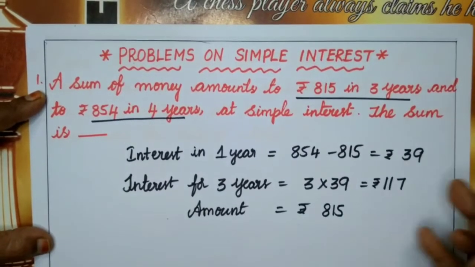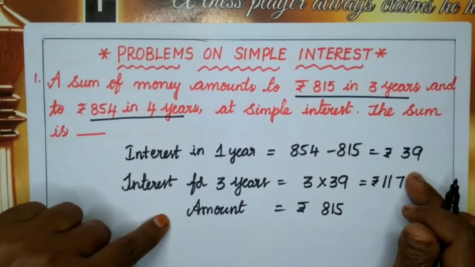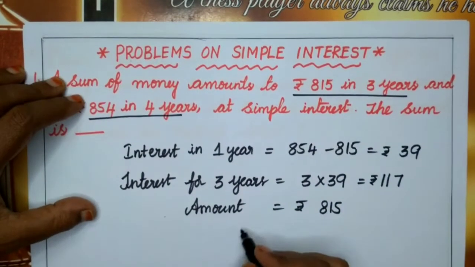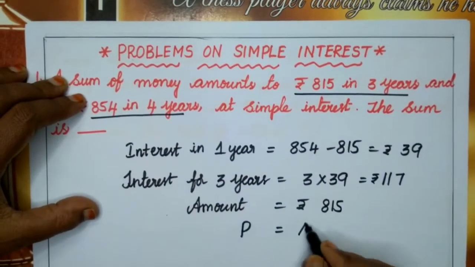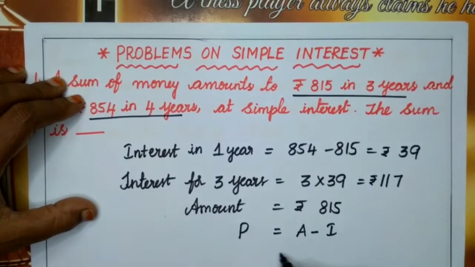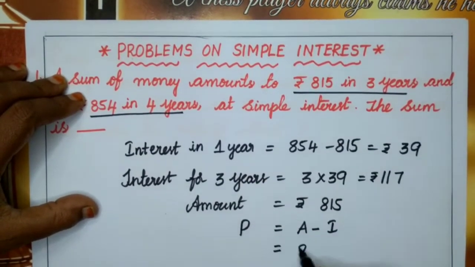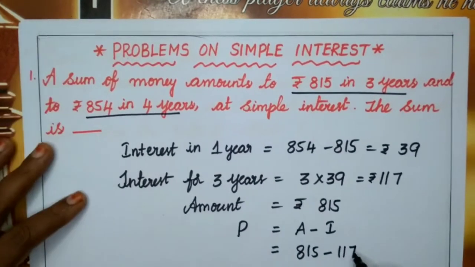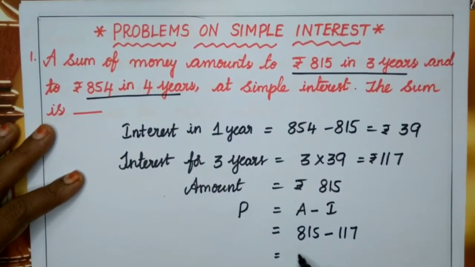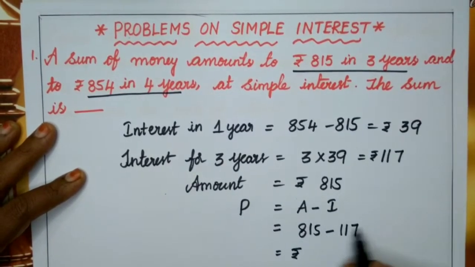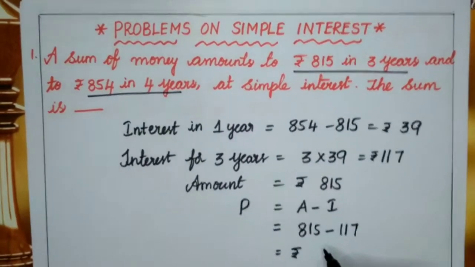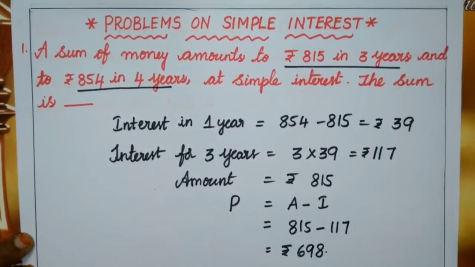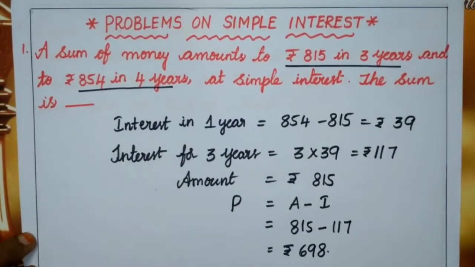So for 3 years we have the interest value and also the amount value. So directly we can calculate the principal because we know the formula for principal, which is A minus I. A is amount 815 minus 117. What is this value? Rupees 698. So this is the principal.